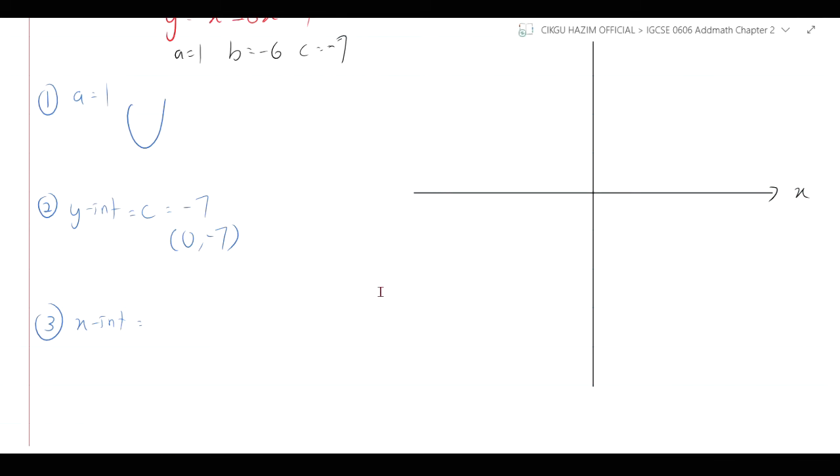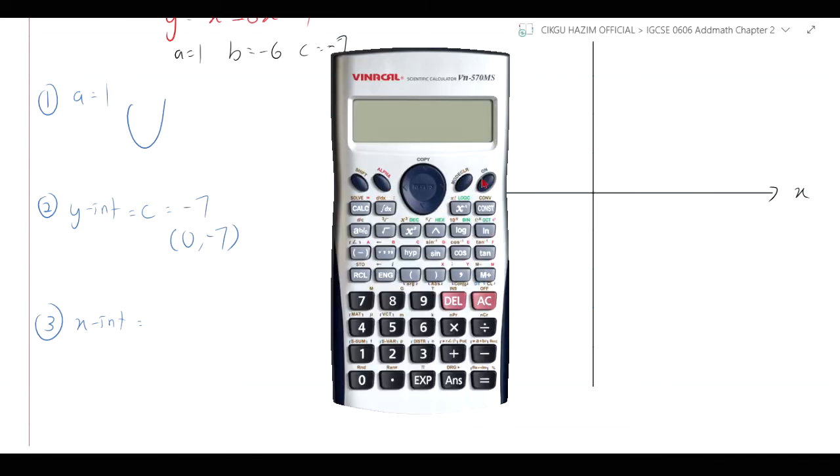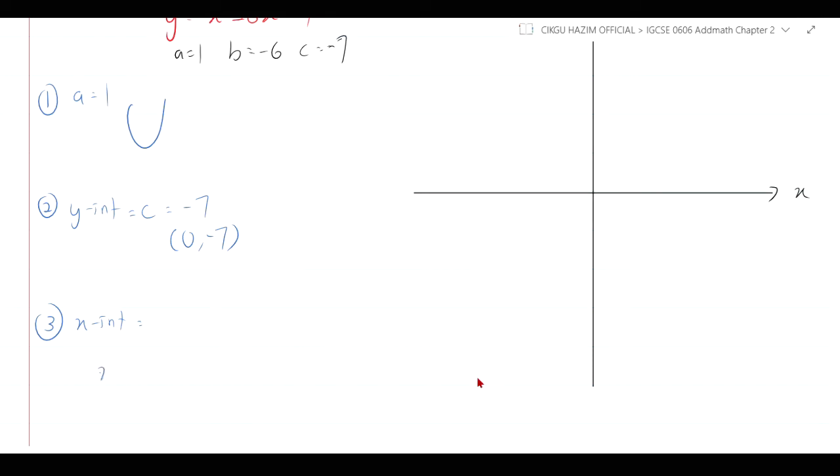On this calculator, press mode 3 times, 1, 2, 3, to find the equation, then press mode 1 more time to find degree equal to 2. a equal to 1, b equal to negative 6, and c equal to negative 7. Okay, so you get x values of 7 and negative 1. So x equal to 7 and x equal to negative 1. That means the coordinates are (7, 0) and (-1, 0).